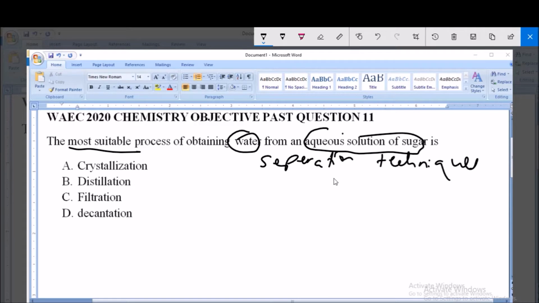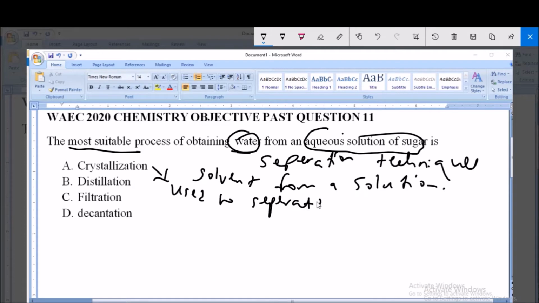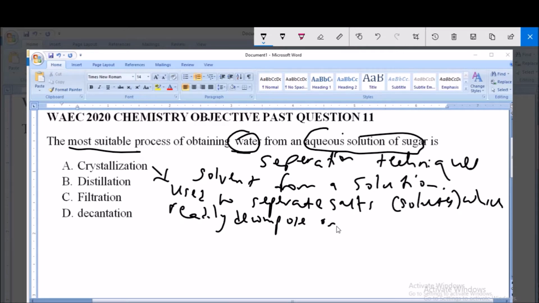So in this case, you are trying to obtain the solvent, which is water, from a solution. So let's look at each of these techniques and see which one is most suitable for this procedure. Now, crystallization is a separation technique used to separate salts, that is solutes, which readily decompose on heating, from solution.